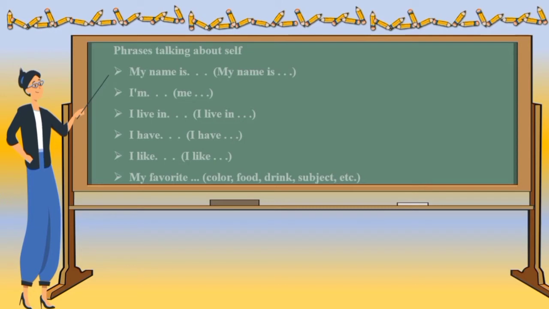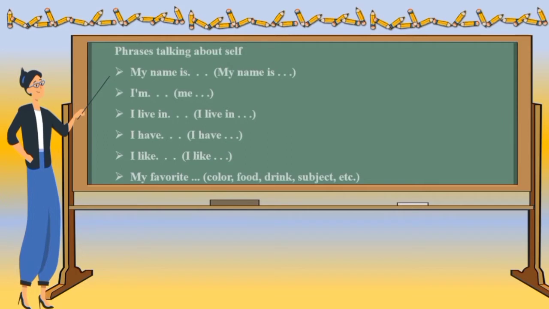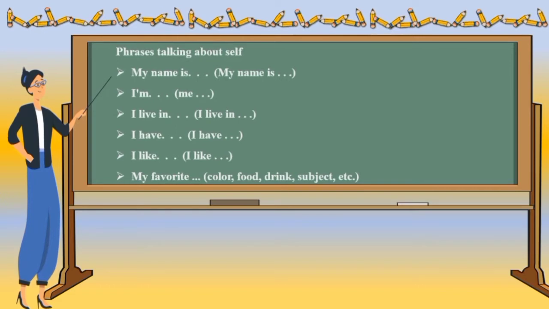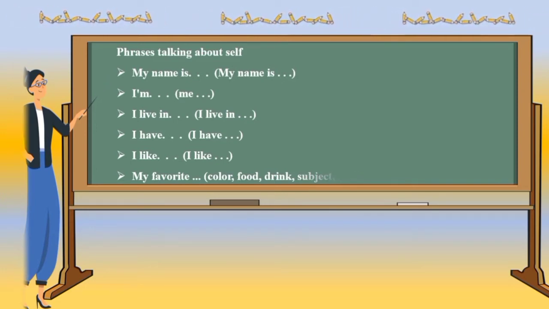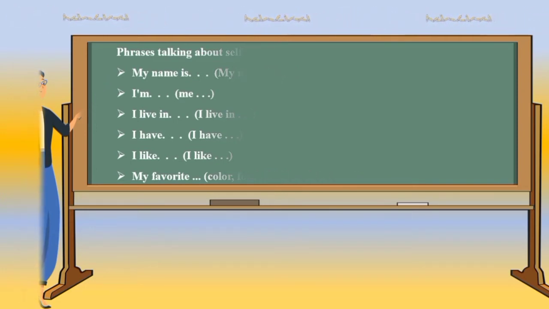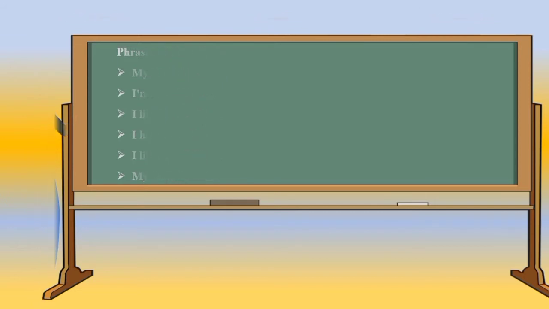I like Korean food, I like Indonesian food, I like Chinese food or the other. My favorite color is pink. My favorite drink is boba. So the other subjects you can talk about, you can give as information to your partner speaker.